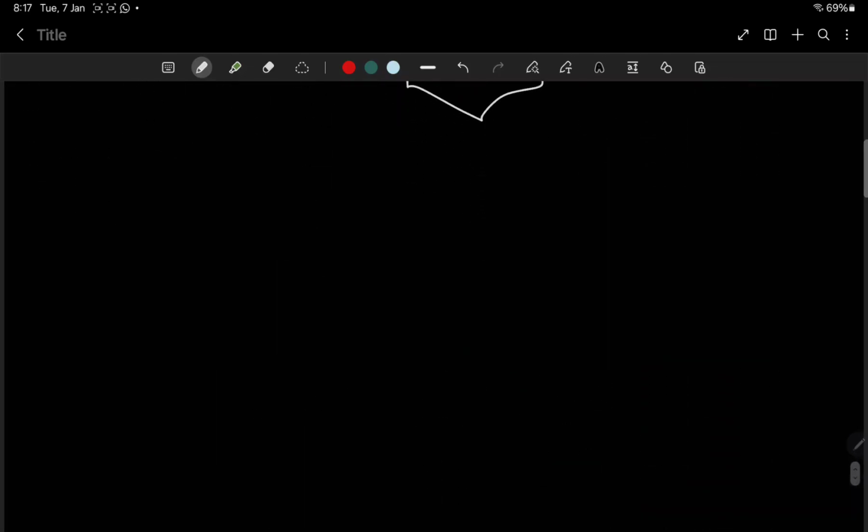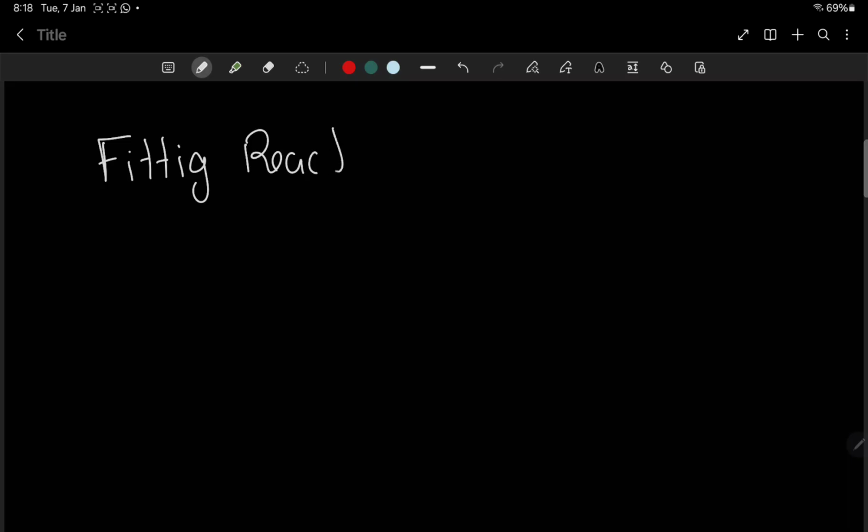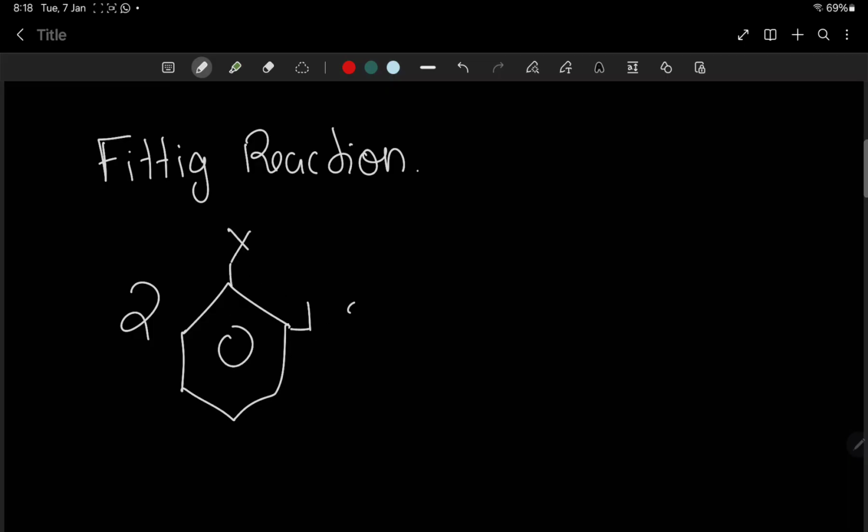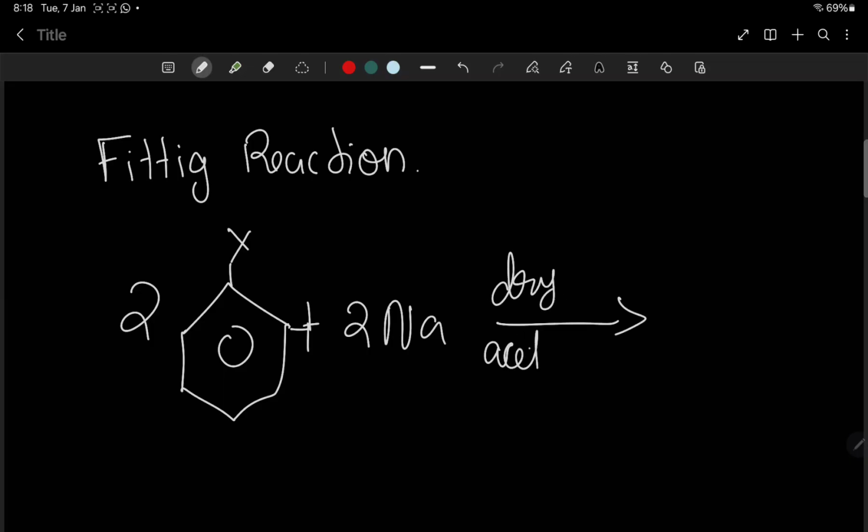This is Wurtz-Fittig. Now another reaction, that is just Fittig reaction. Here we use 2 haloarenes and 2 Na in dry ether medium. Usually Wurtz reaction is in dry ether medium.